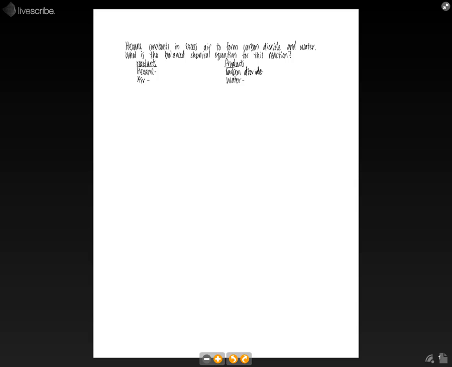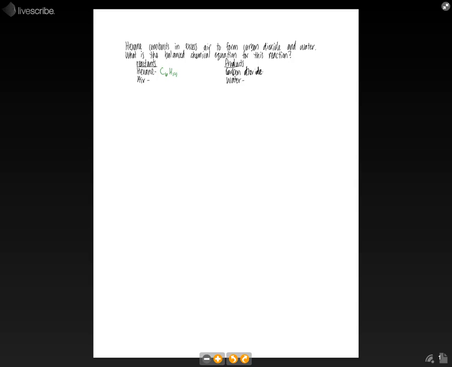Hexane follows the standard naming procedures for organic structures, so the hex tells us that we have 6 carbons, and the ane tells us that there are only single bonds present. So this tells us that hexane's formula is going to be C6H14.